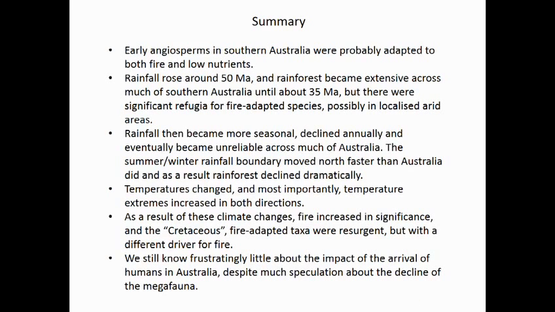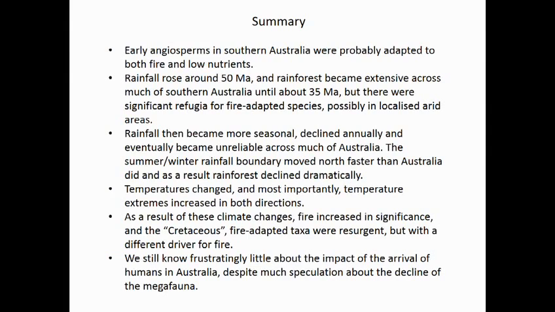So to summarise, early angiosperms in southern Australia were probably adapted to both fire and low nutrients in the Cretaceous. Rainfall rose around 50 million years ago, and rainforests became extensive. That carried on until about 35 million years ago. But even when that was happening, we had significant refugia for fire-adapted species.